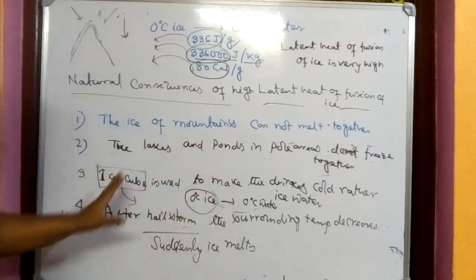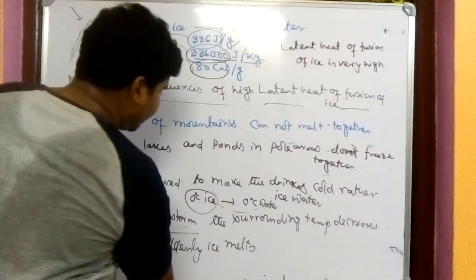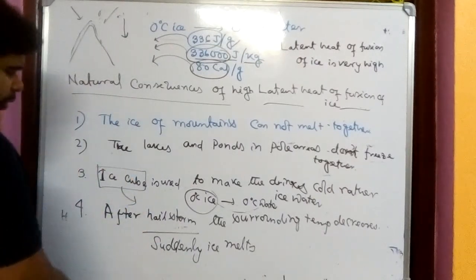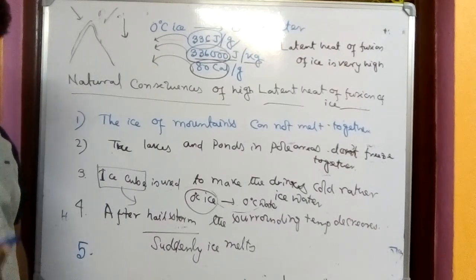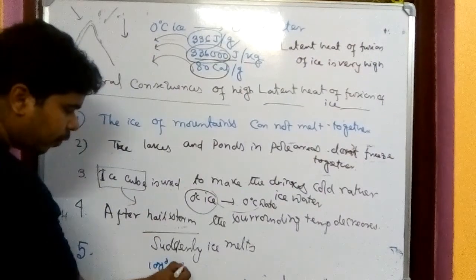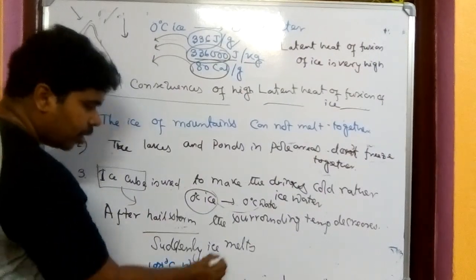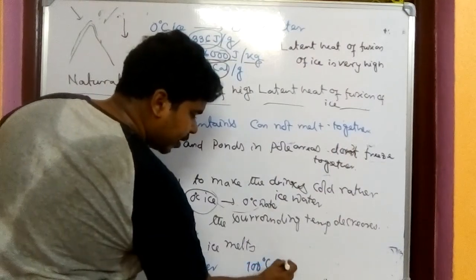So these are the natural phenomena. In all these cases we are talking about melting. Now for boiling, the last part, one thing I'll mention here. If I ask you which one is more severe, 100 degree centigrade water or 100 degree centigrade steam?